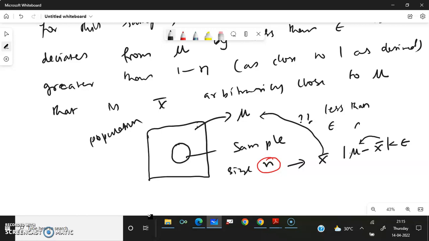Understood? So we are exactly concerned about what the size of n should be, so that my sample statistic x bar, the mean of the sample, is close to our population mean.